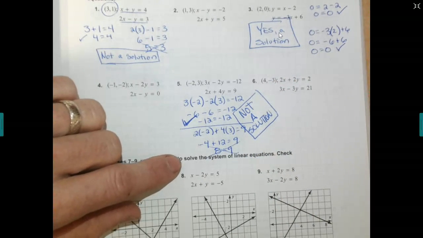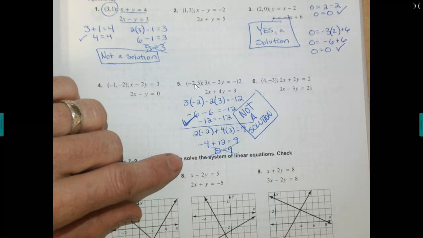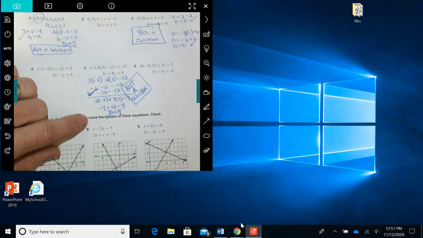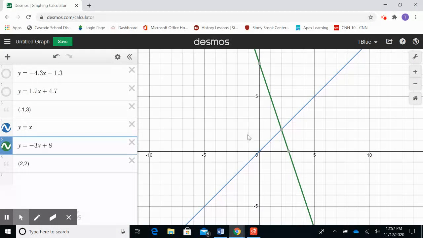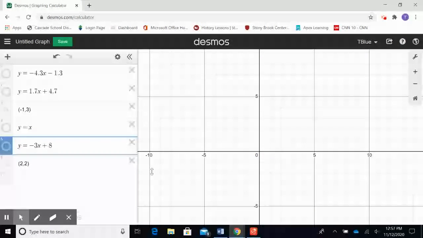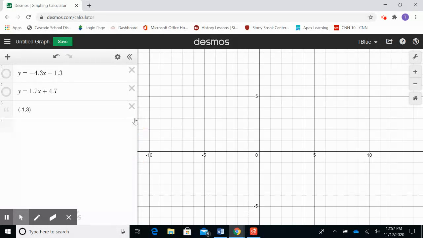Now we can even check these too. If I were to go to the Desmos calculator, I would plug in this equation and this equation, and I would see if this is where they cross. So let's check it out. Actually, these are examples, so I don't need these examples.